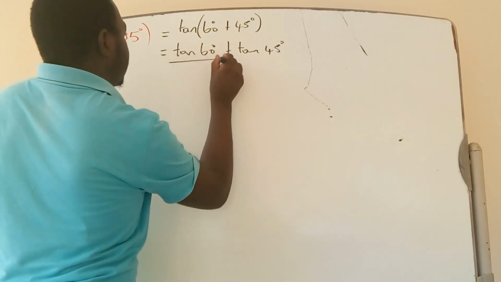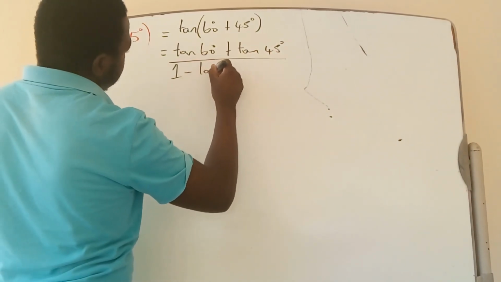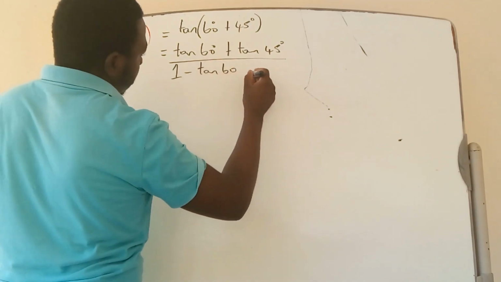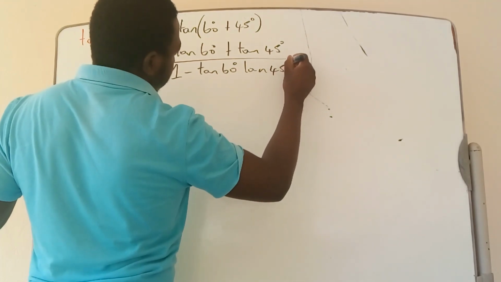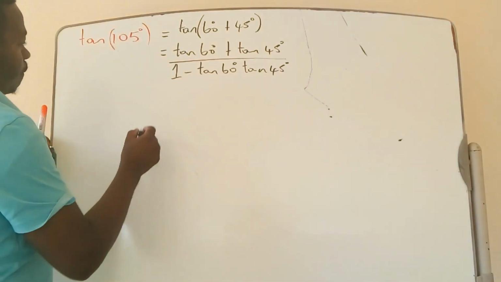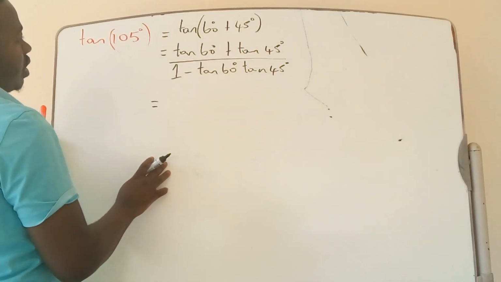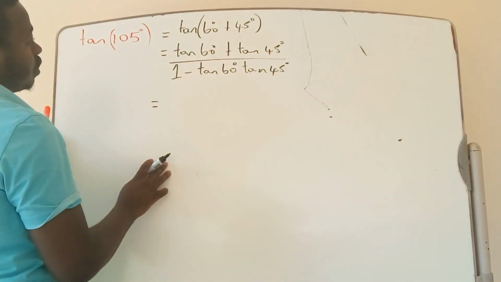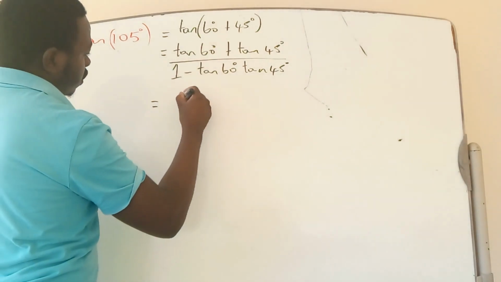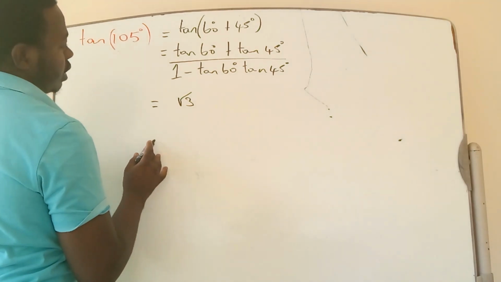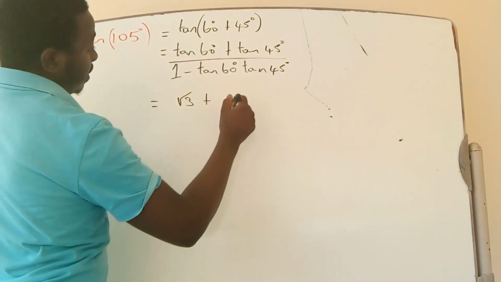All of that divided by 1 subtract tangent of 60 degrees times the tangent of 45 degrees. Alright? What is tangent of 60 degrees? Tangent of 60 degrees is root 3 over 1, which is just root 3. Alright? Plus tangent of 45, that is just 1.